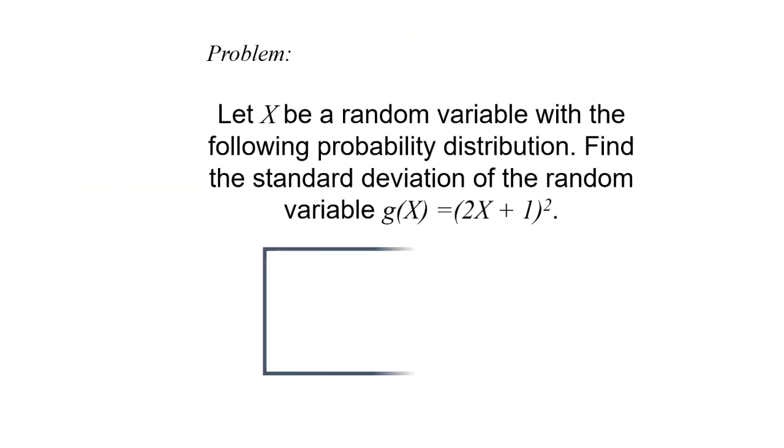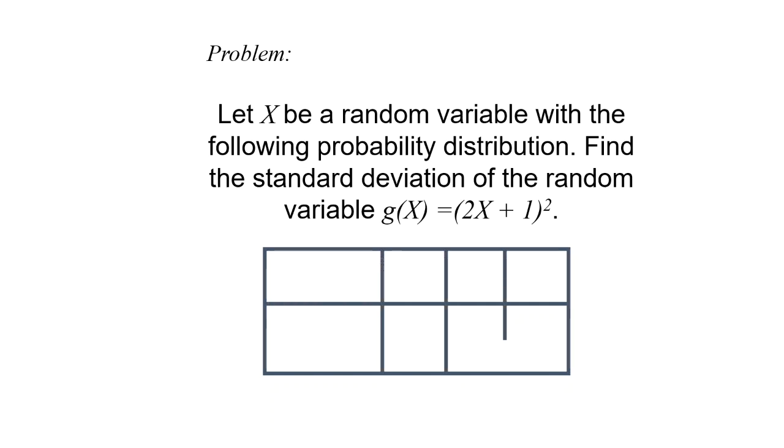Okay, so the last example for this video is: let x be a random variable with the following probability distribution. Find the standard deviation of the random variable g of x, which is equivalent to 2x plus 1 squared. As you can see from here, we have the random variable.